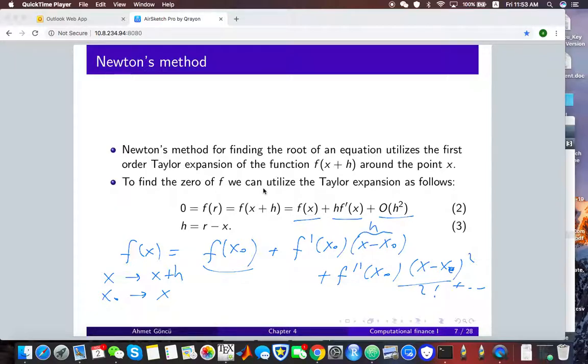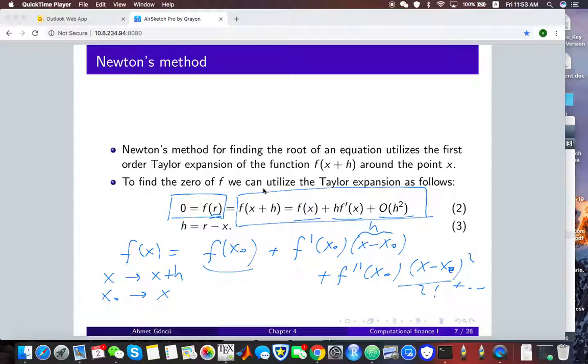So we have this side purely coming from the first order approximation that we can use for f of x. Now notice that we are trying to find the root of this function. If we denote the root of this function with r, it satisfies this equality, because that's the meaning of being the root of this nonlinear function f of x.